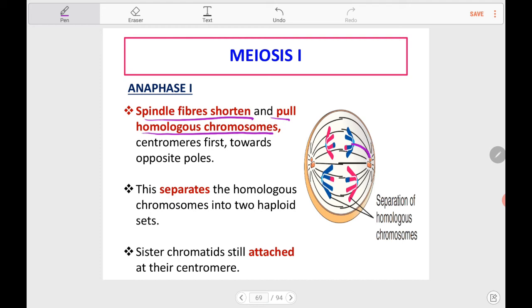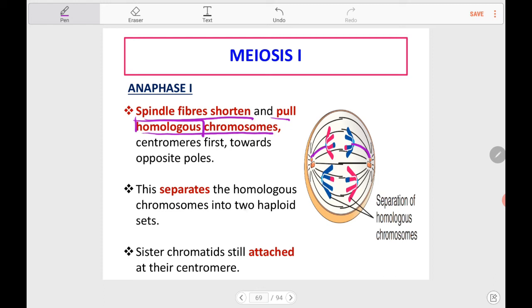That's why yang separated during Anaphase 1 is homologous chromosome, bukan sister chromatids. So during Anaphase 1 of meiosis 1, pasangan homologous chromosome yang terpisah, bukan sister chromatid yang terpisah.